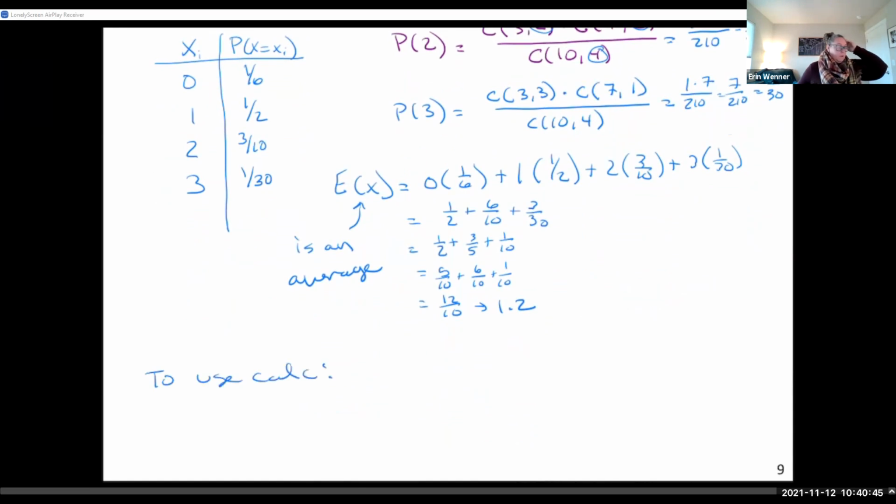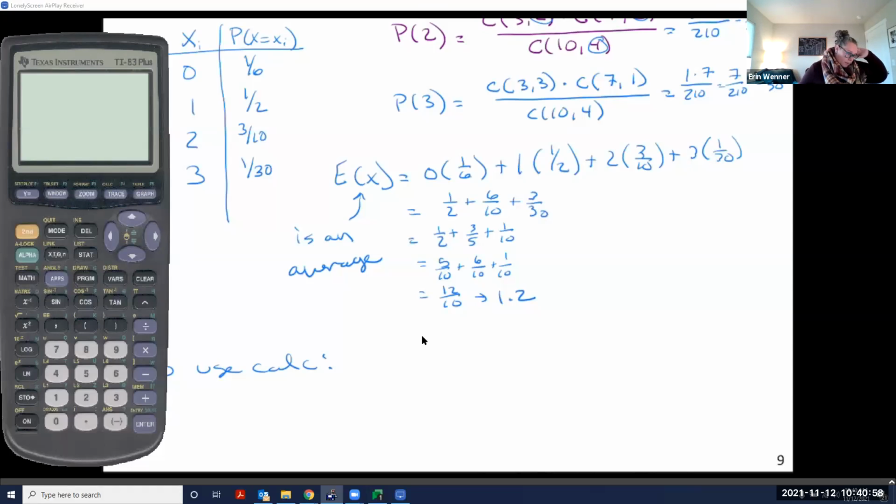And so here's the steps we want to follow. So let me reshare my screen so that you can see the calculator come up. Okay, so to use the calculator, we want to enter our list into L1 and L2.